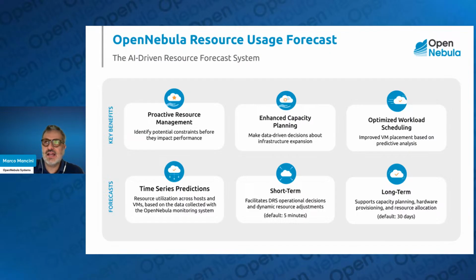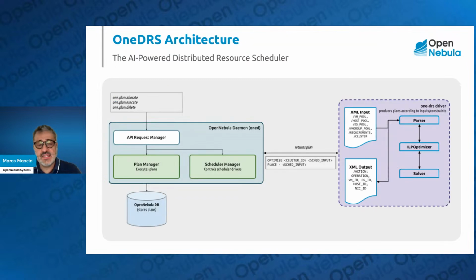Let me explain how we have designed and implemented them. So first of all, let me go to the DRS architecture. Here, what we have defined is we have reviewed the scheduler framework of OpenNebula. So now we have a scheduler manager that, according to a protocol, is going to use some drivers that can be plugged into the scheduler and configured in OpenNebula.